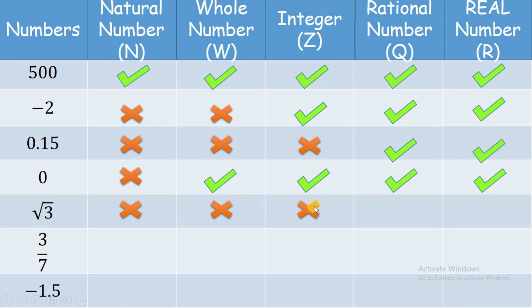Square root of 3 is not an integer, and square root of 3 is not a rational number, because root 3 cannot be expressed in the form p by q. Therefore, root 3 is a real number, or we can say it is an irrational number, and irrational numbers are included in the group of real numbers. Similarly, you check for 3 by 7 and minus 1.5.